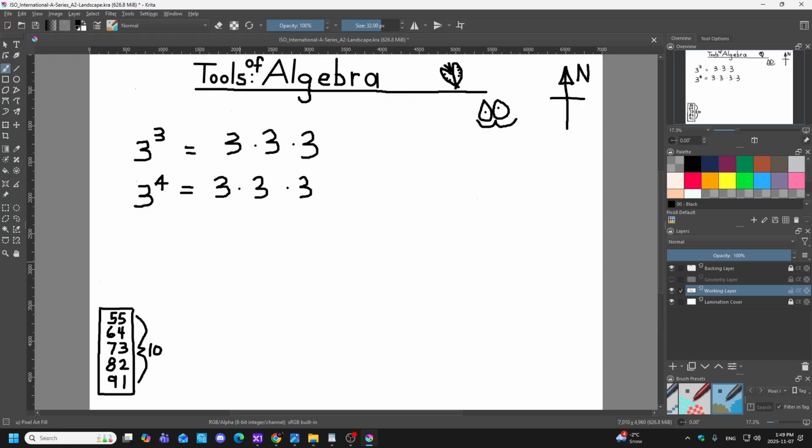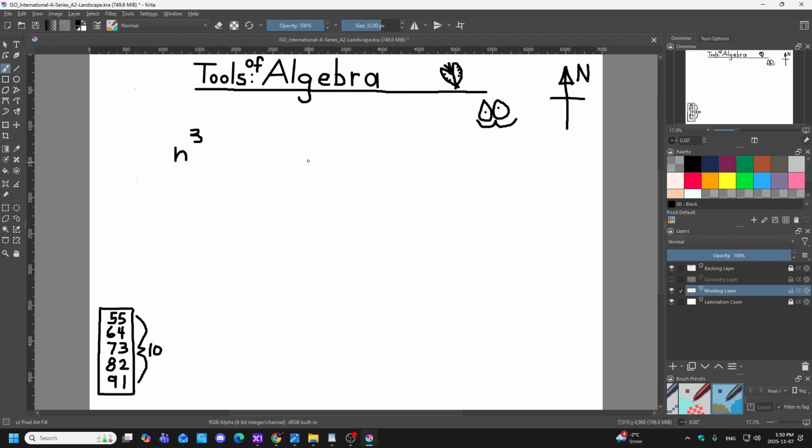So continuing on, we will work out some problems like that very soon. N cubed divided by 2. So n cubed, right? Remember, cubed is 3.